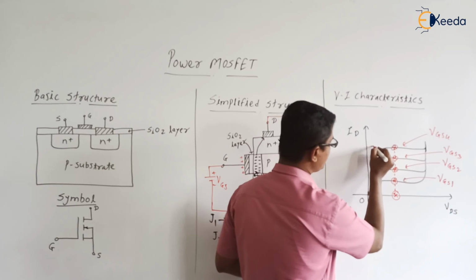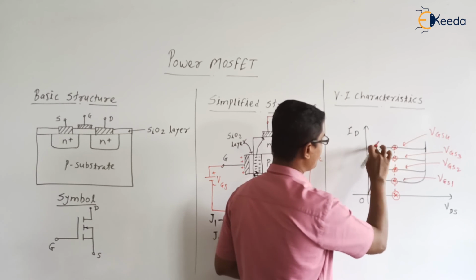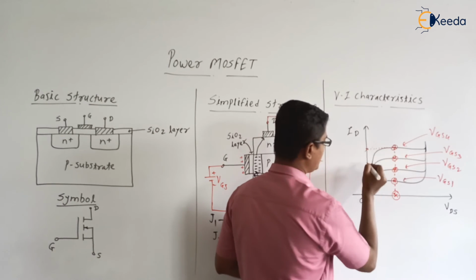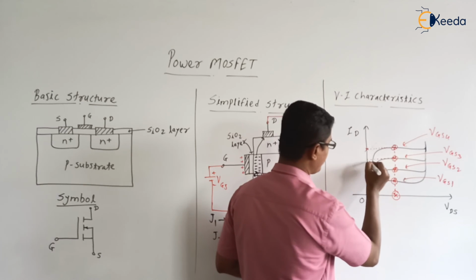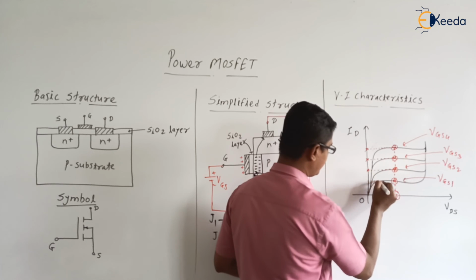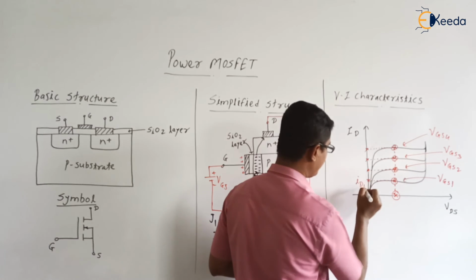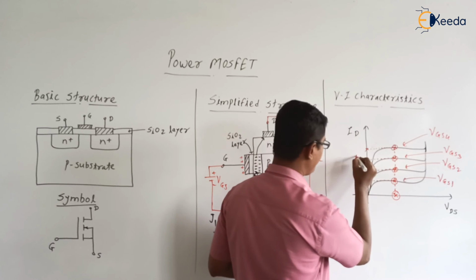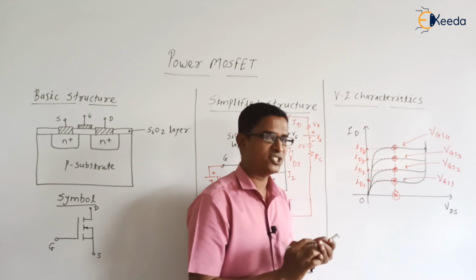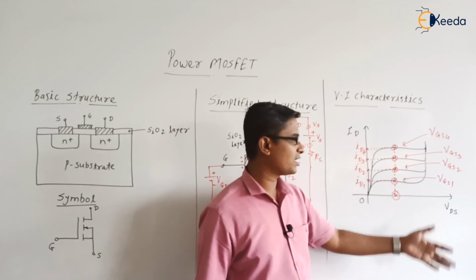Again, from this, it is cutting here. Suppose this is ID1, this is ID2, ID3, and ID4. For different values of VGS, we have different curves.